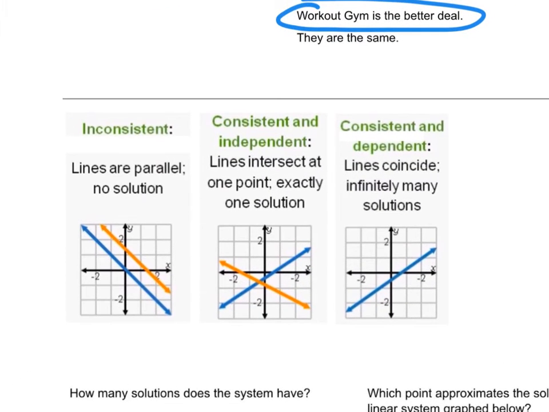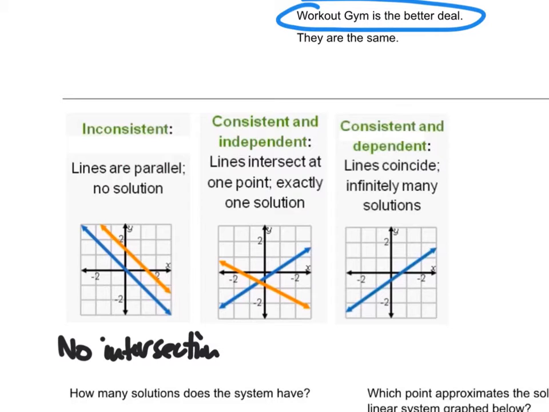Now we have this vocab: inconsistent, consistent and independent, or consistent and dependent. With inconsistent, the lines are parallel. There is no solution. There is no intersection. When it says consistent and independent, we know that the lines intersect at one point, exactly one solution.